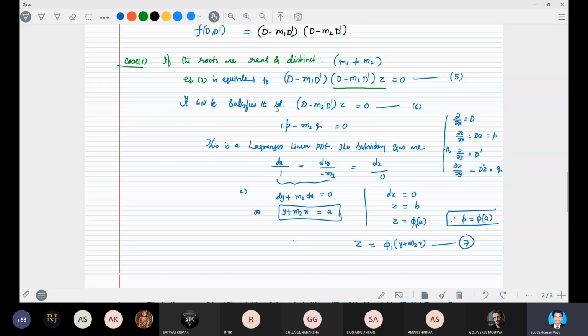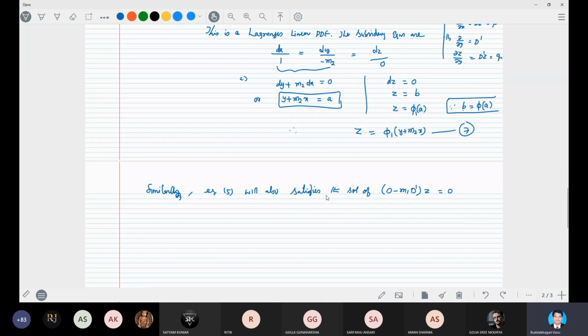One part we considered, its solution also satisfies this, and this part of the solution also satisfies the total equation 5.